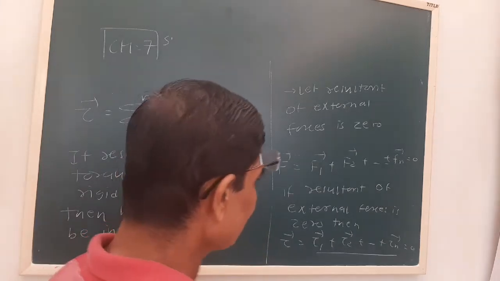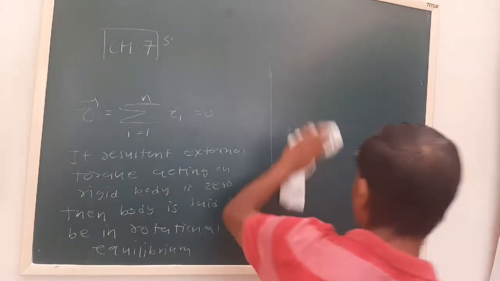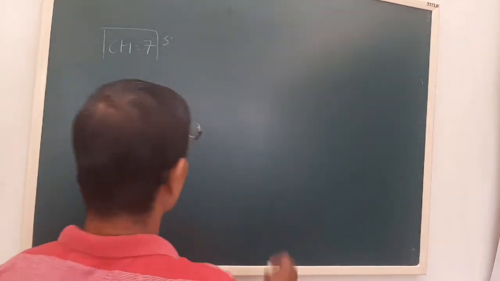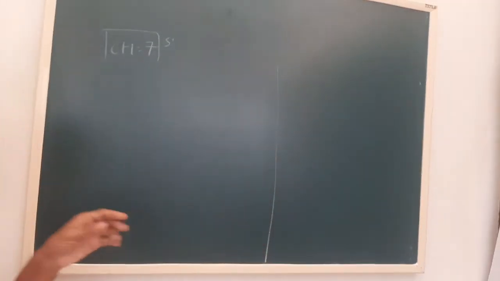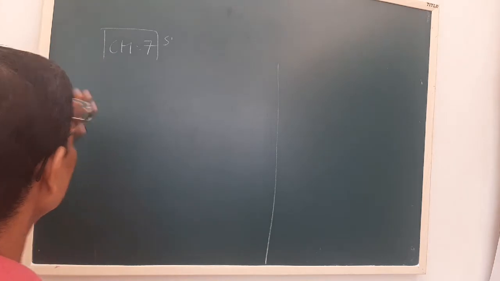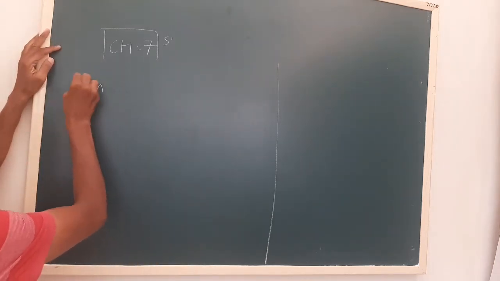Earlier we derived the equation for the torque acting on a single particle. Next we have to derive the torque produced due to a couple. Now let us see, what is a couple?